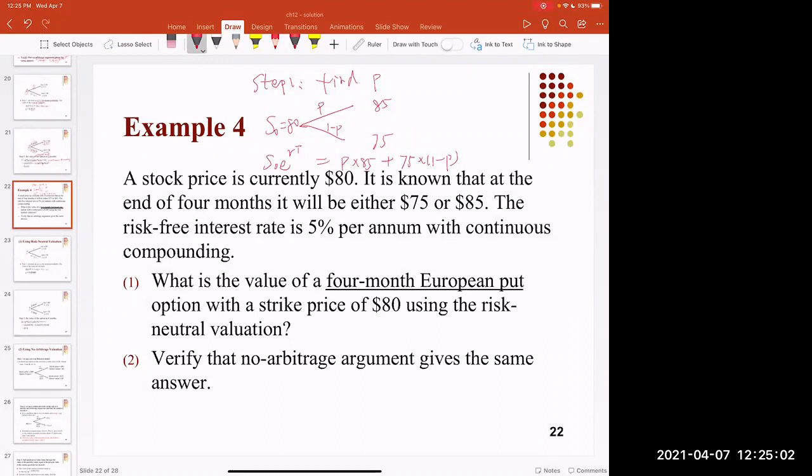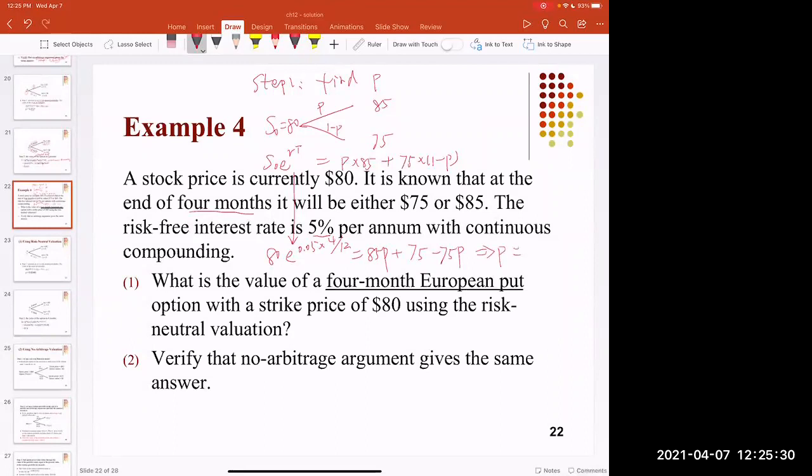And the left-hand side, we know stock price 80, interest rate 5%, t is 4 months. So can you solve this equation? Tell me, what did you get for p? What is the probability you get?